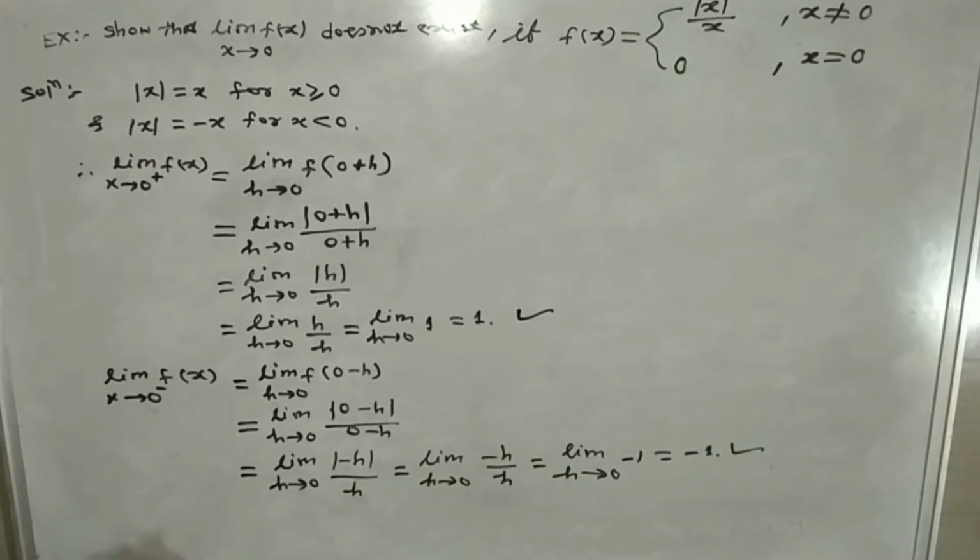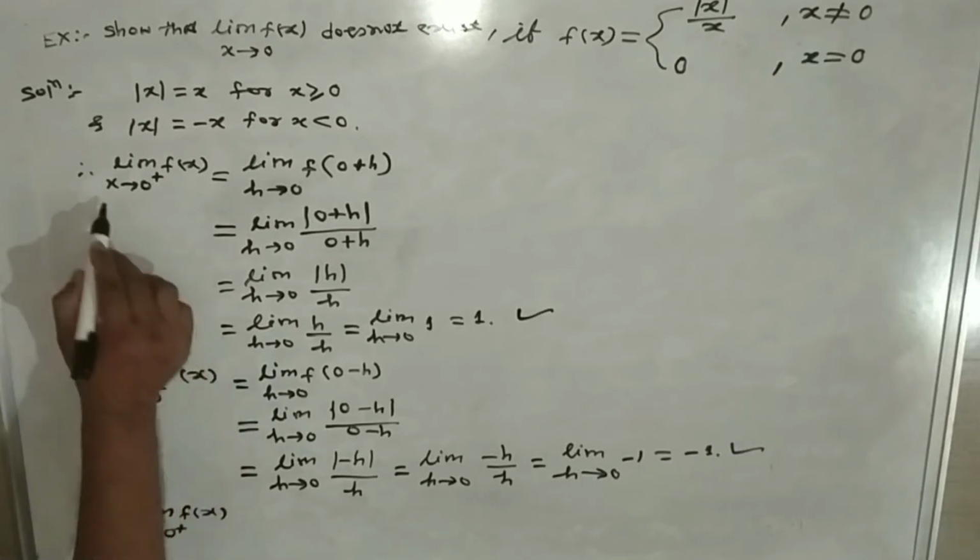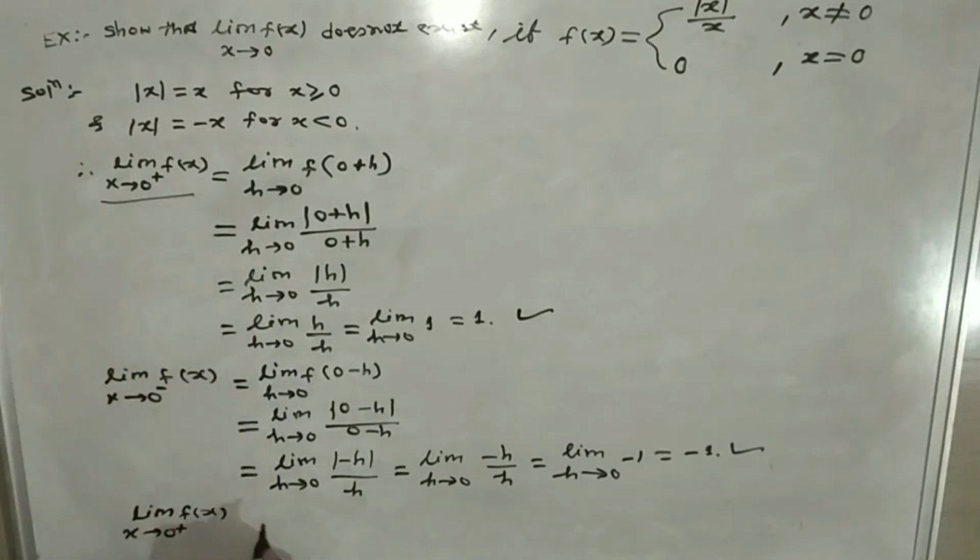So we write here this limit of f of x as x tends to 0 plus, this is the right hand limit, is not equal to this left hand limit of f of x as x tends to 0 minus.